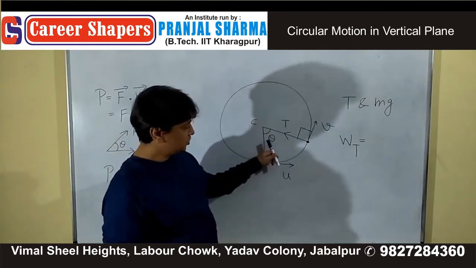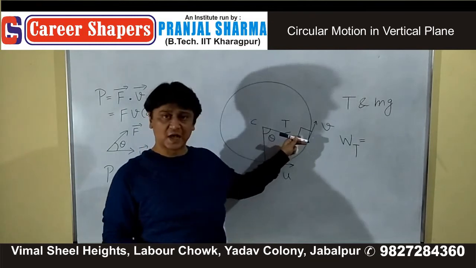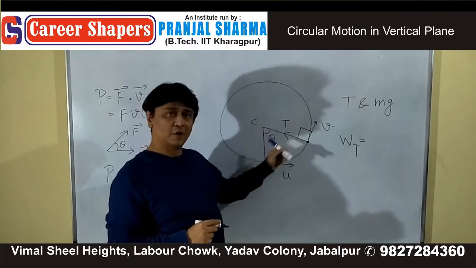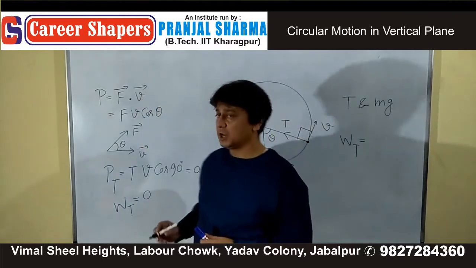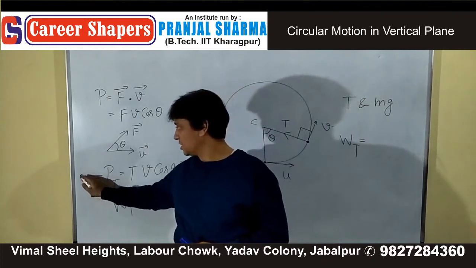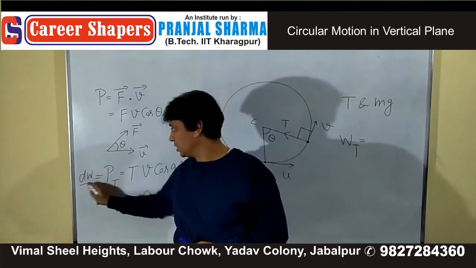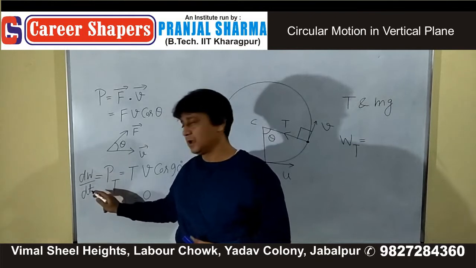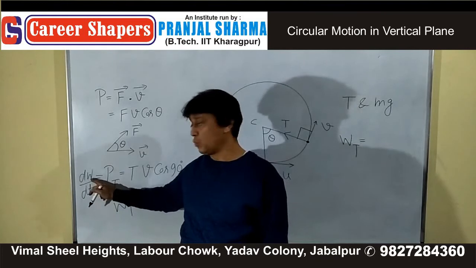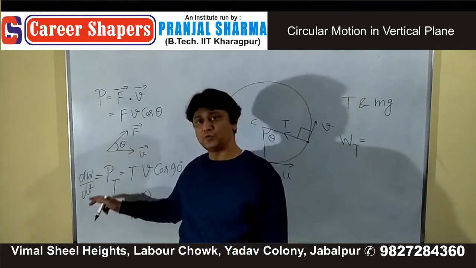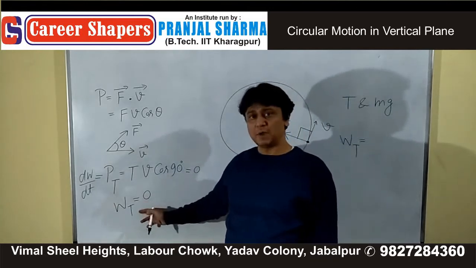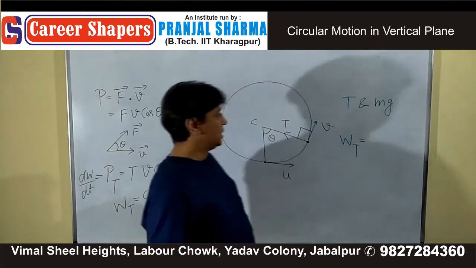Right here, tension force is continuously changing its direction as well as its magnitude. And therefore, you will have to calculate with the help of dW, and this power is nothing but dW divided by dt. But since power is zero, that means the rate of doing work by the tension force on the object is also zero. That gives you work done by tension force zero.